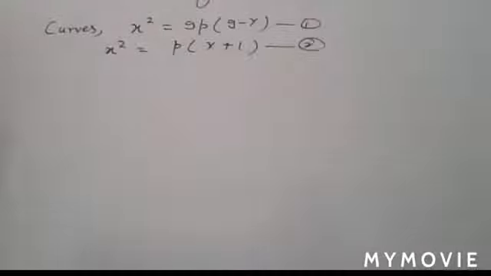Same type of question. Here you have two curves, and you have to find the value of P for which the given two curves intersect at right angle. Okay, so you have the same concept.